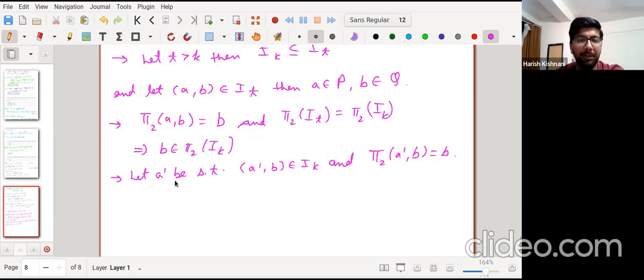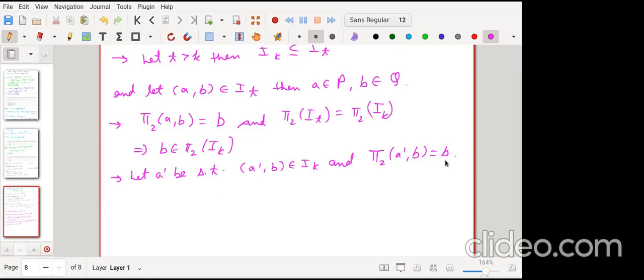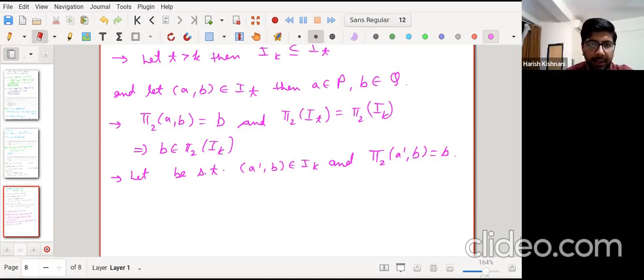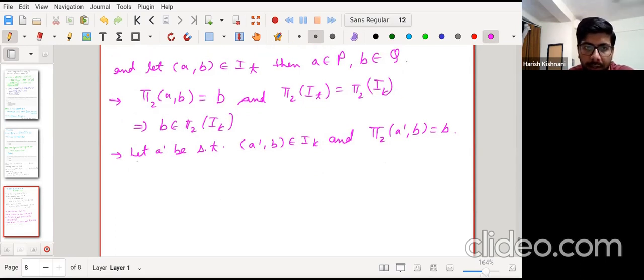That means there is some tuple A dash comma B inside IK such that its projection is B, right? Yes, sir. So that's the element I'm naming A dash. Let A dash be such that A dash comma B belongs to IK, and pi 2 of this is B, and this A dash is inside A, right? Because the first coordinate is always inside A.